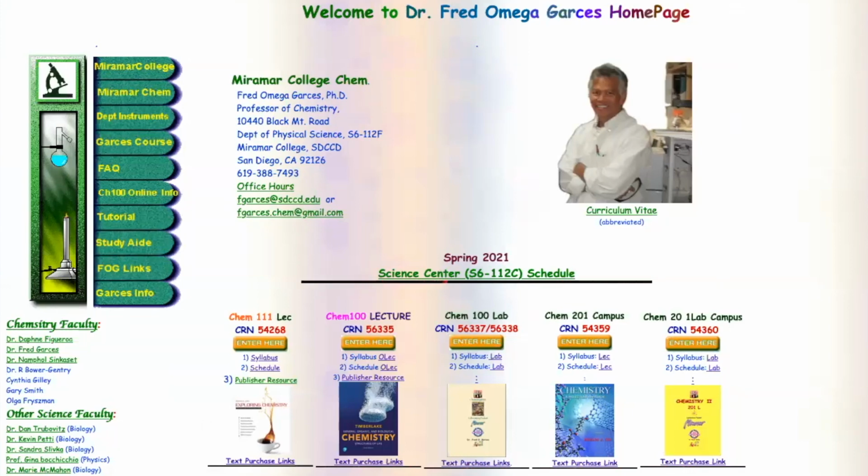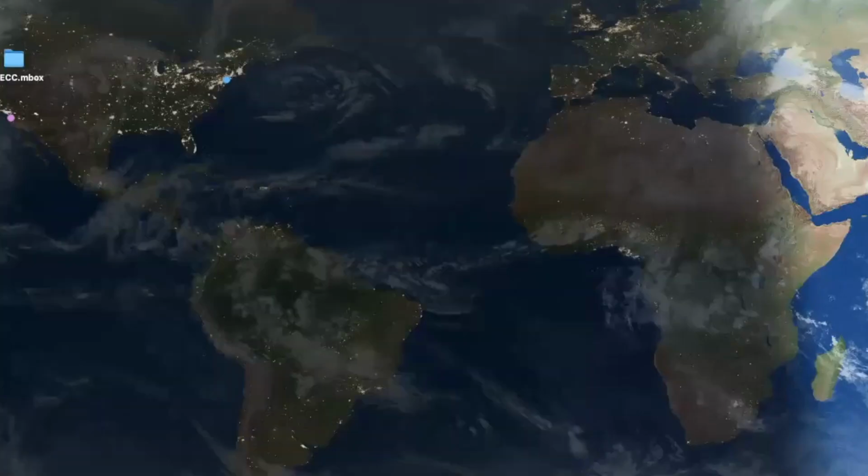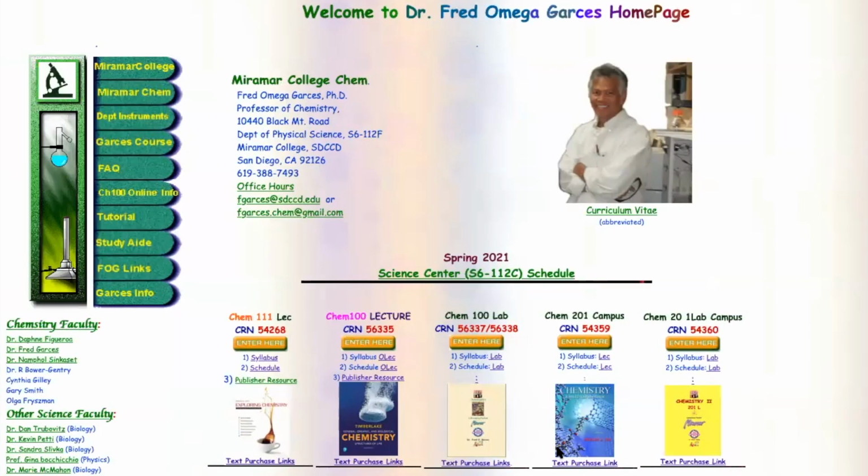There's a question in the chat that asks, what is the sum of the coefficients when you have carbon dioxide and water going to glucose and oxygen? Well, when you have this reaction, let me write this down on my iPad so that you guys can see this.